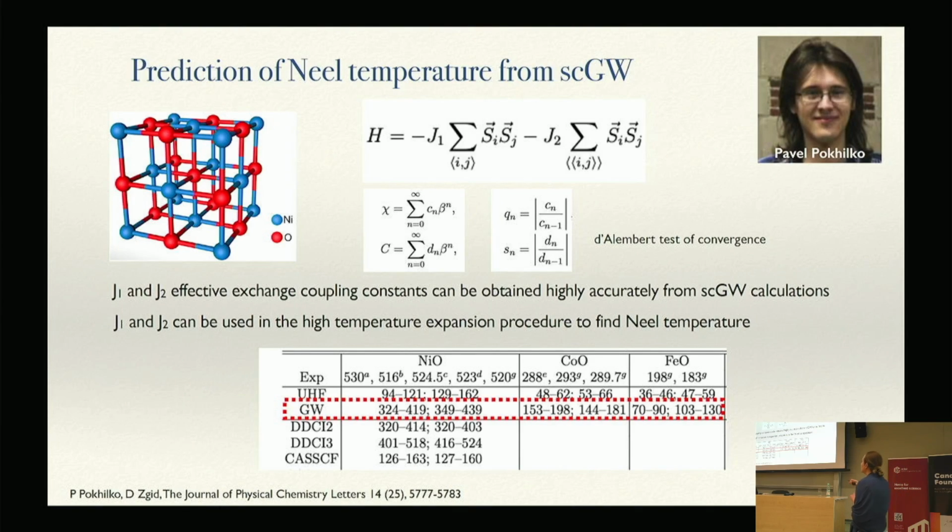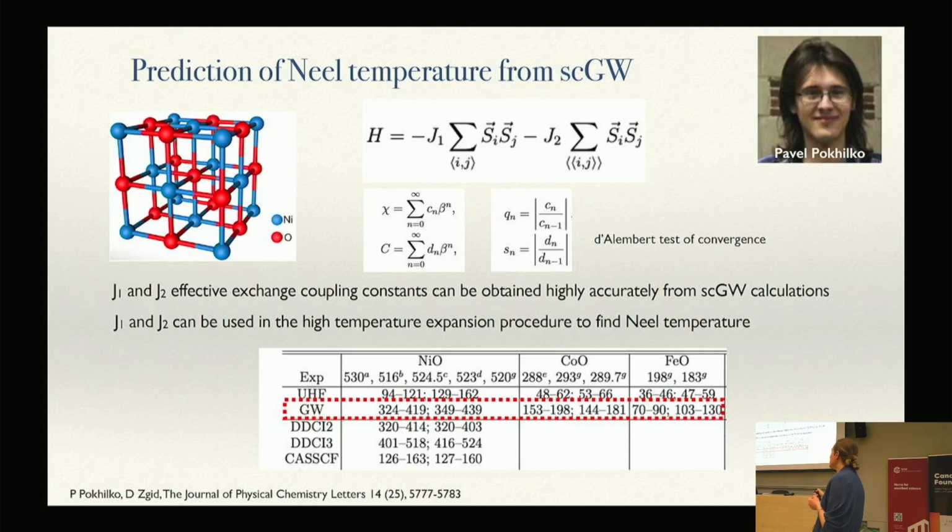And at the level of this UHF, you can see that nickel oxide indeed has a higher Néel temperature, but cobalt oxide is comparable to iron oxide. So it doesn't distinguish between them. If we do GW, we recover the experimental trend correctly. So nickel oxide is higher than cobalt oxide than iron oxide.